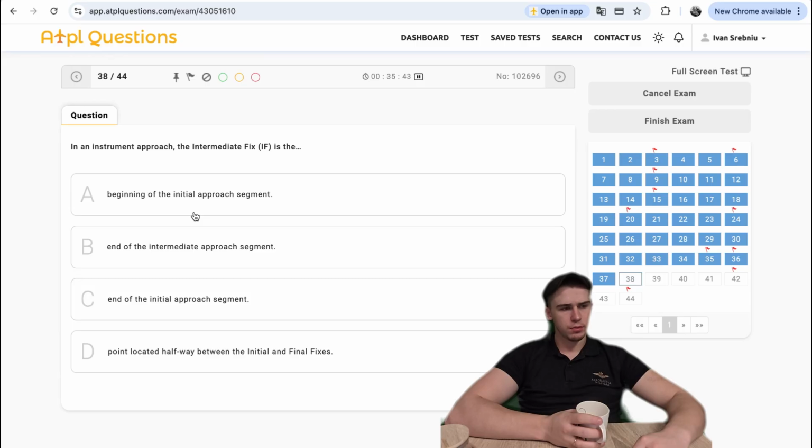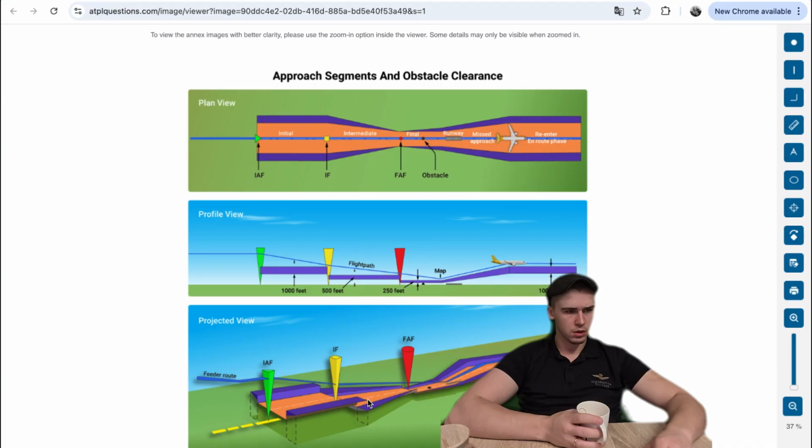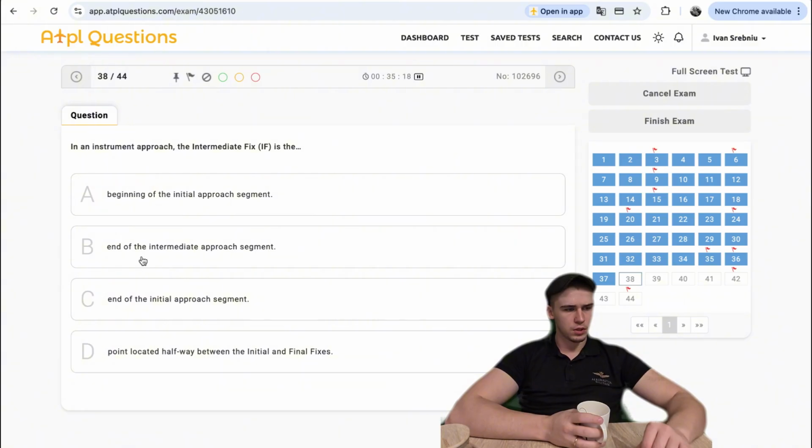In an instrument approach, the intermediate fix is the... I will show you the intermediate fix here. So it's the end of the intermediate approach segment.